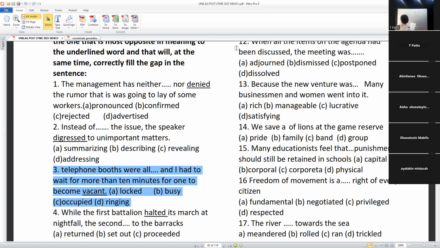This word vacant, you have to determine its antonym. A, you have locked. B, you have busy.